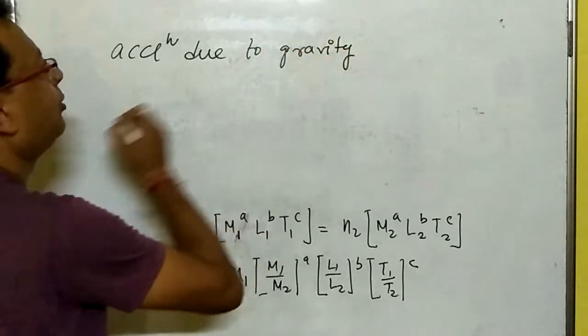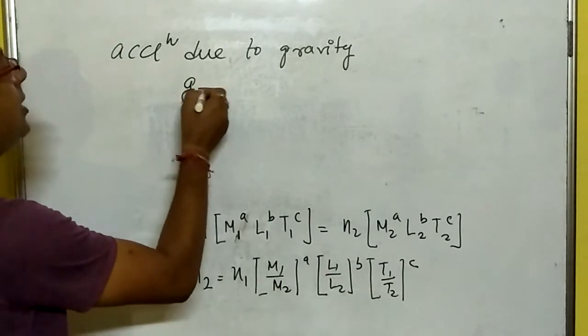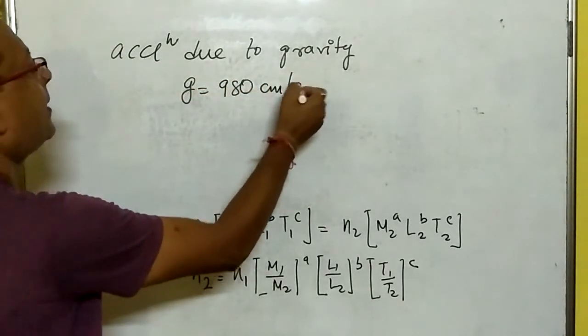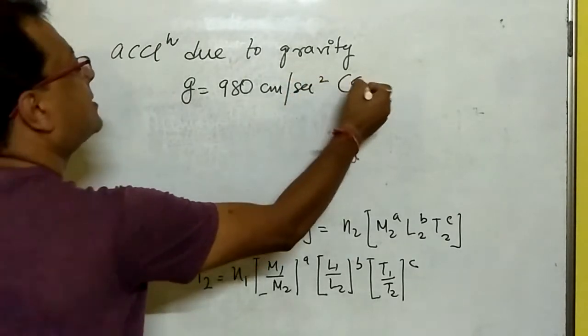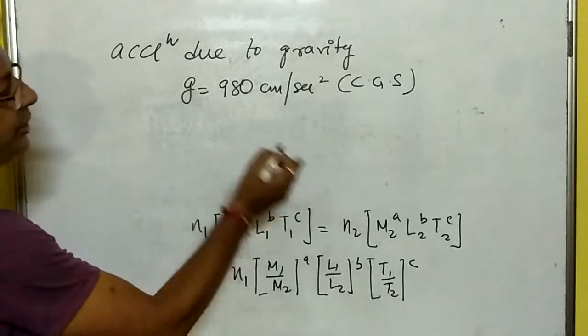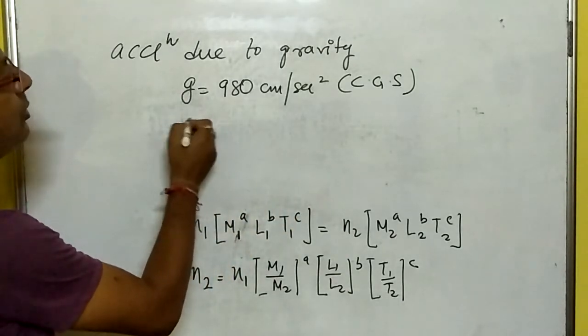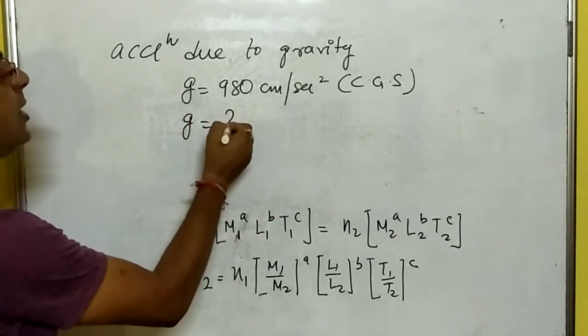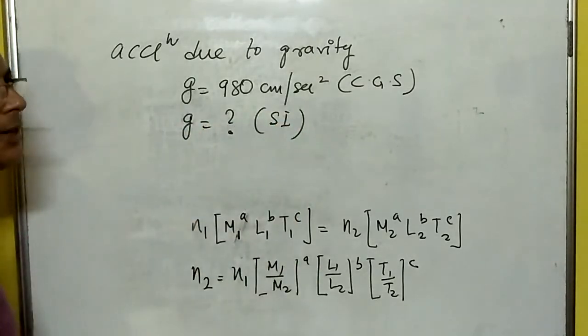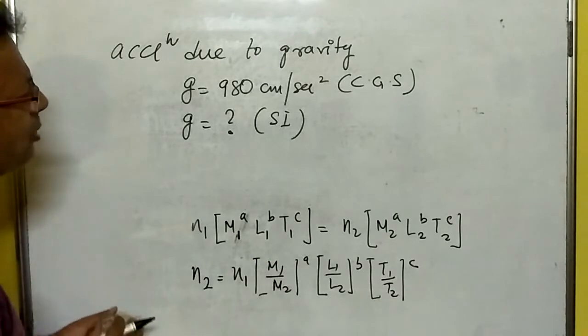Now we all know the value of acceleration due to gravity g is 980 centimeters per second squared in CGS unit, and we convert the whole thing to SI unit. Find out the value of g in SI unit. Now let us see how to do it.